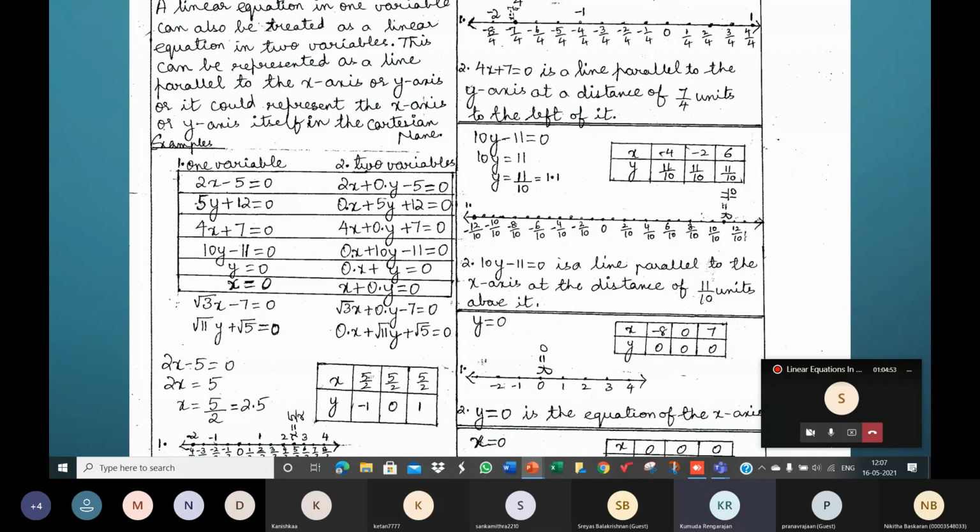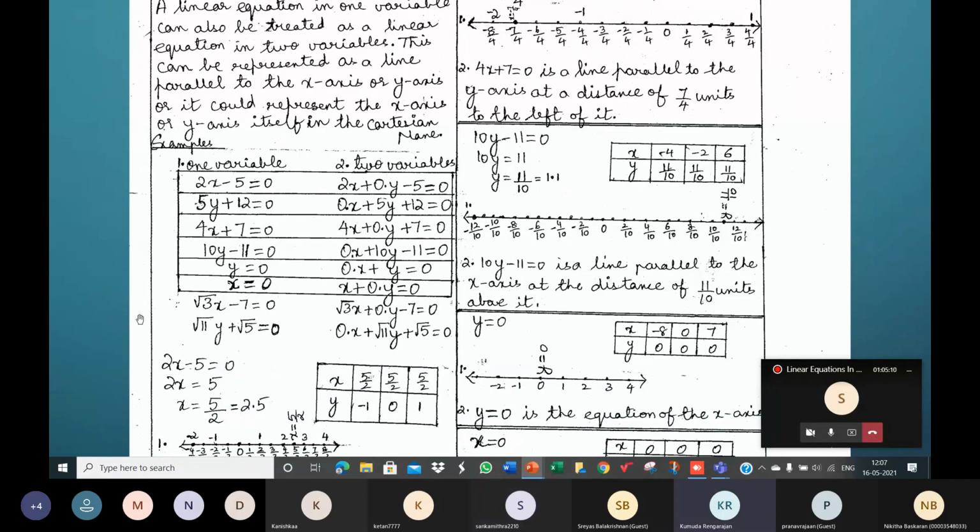What is the standard form of a linear equation in one variable x? Ax plus b is equal to 0.